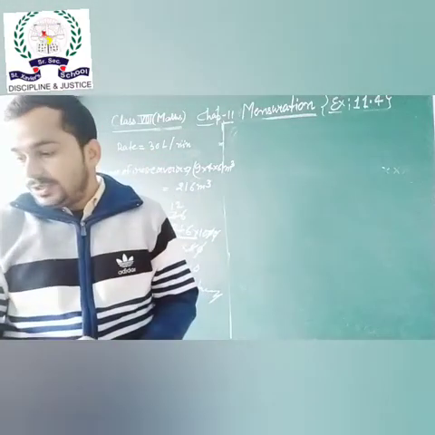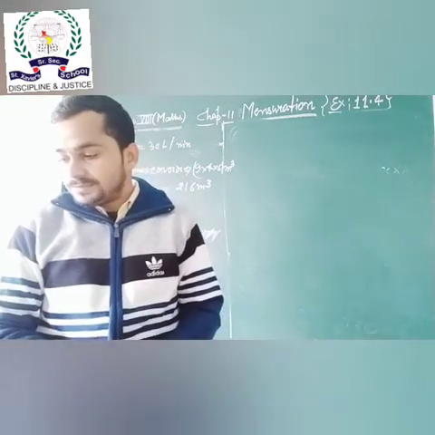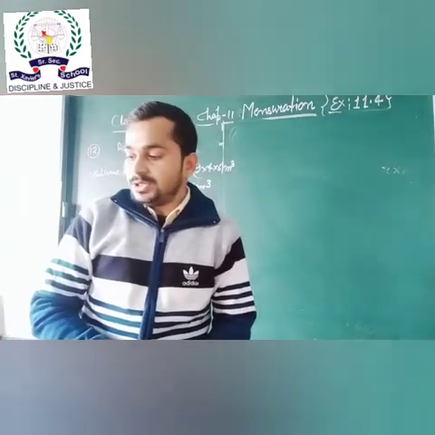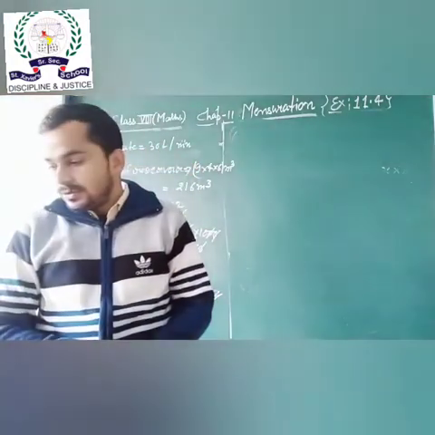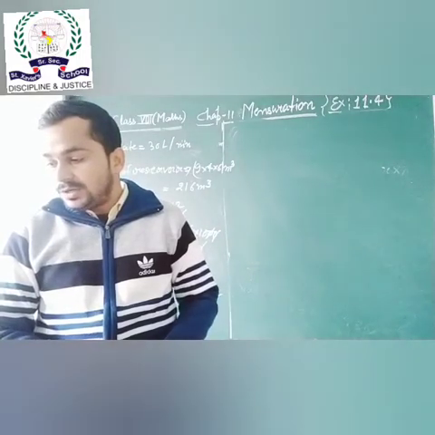Now question number 13. A cube of side 5 cm is painted on all its faces. If it is sliced into 1 cubic centimeter cubes, then how many 1 cubic centimeter cubes will have exactly one of their faces painted?